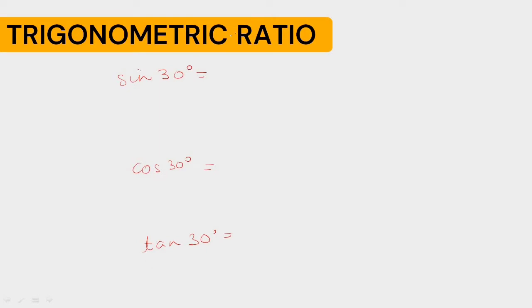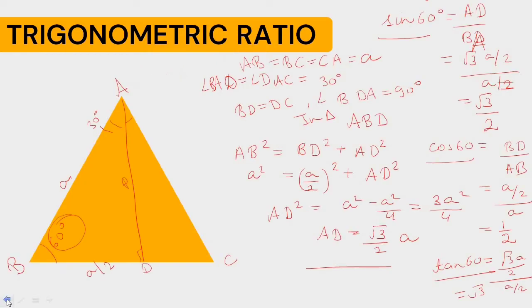For this we know the value of sin 30 is perpendicular upon hypotenuse. Now we have to look into the previous slide. So we can find the values of perpendicular and hypotenuse. Here we see where is 30 degrees in the triangle ABD. At angle BAD it makes 30 degrees.